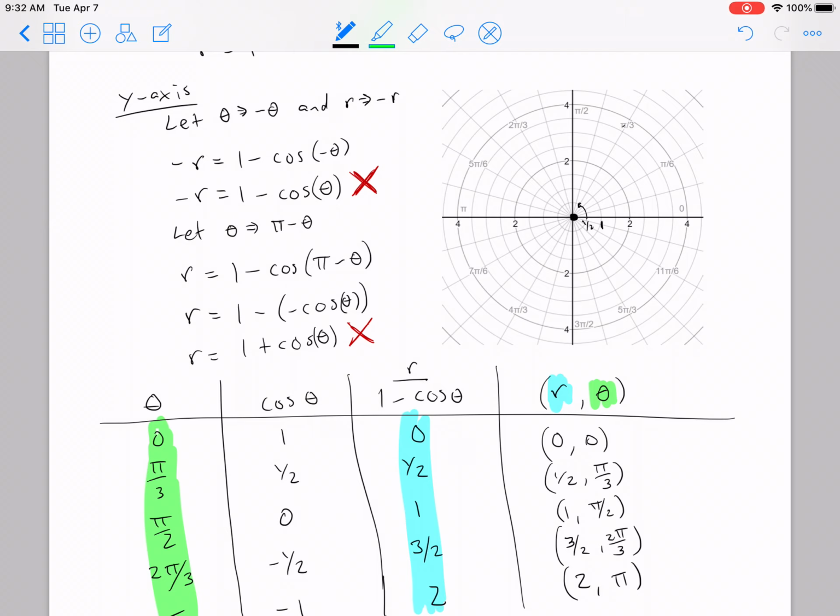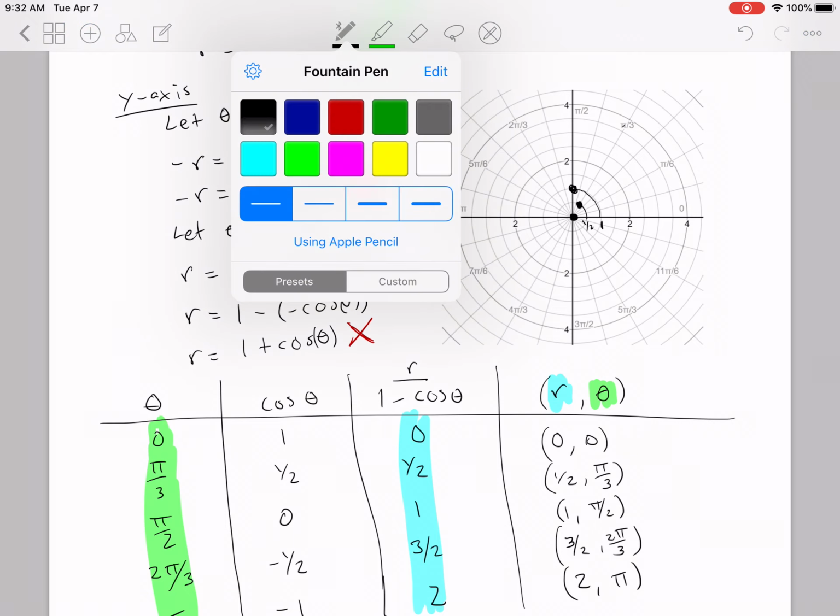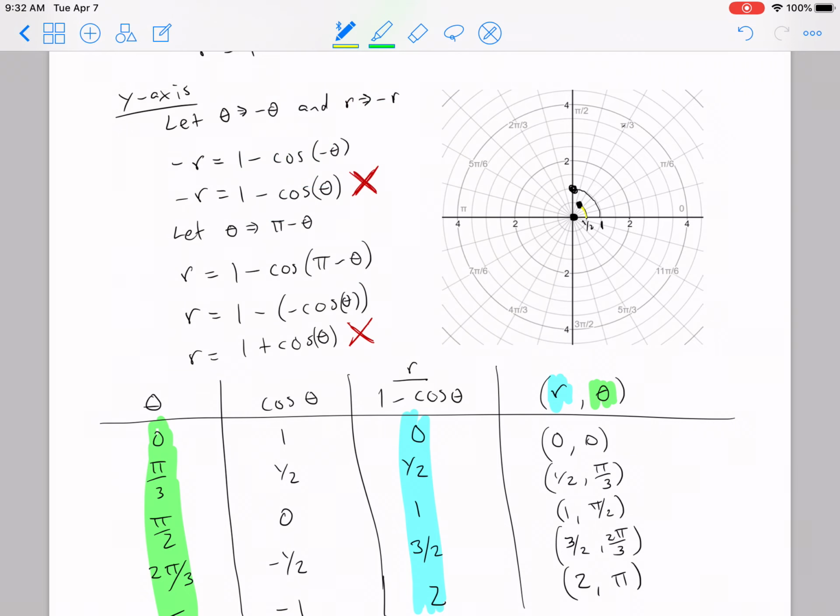So we go around till we get to pi over 3, and we put a point right there. And then we've got 1 and pi over 2. So pi over 2 is up here. This is the one circle we go around. We get to it right there. Maybe we should do those in a different color here. We're going around that much and around that much.